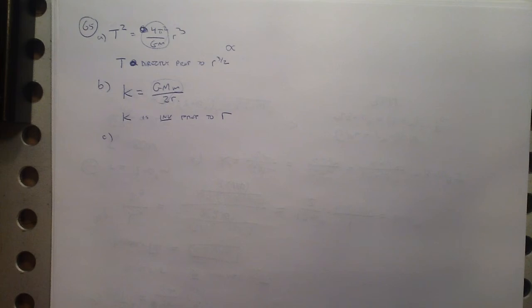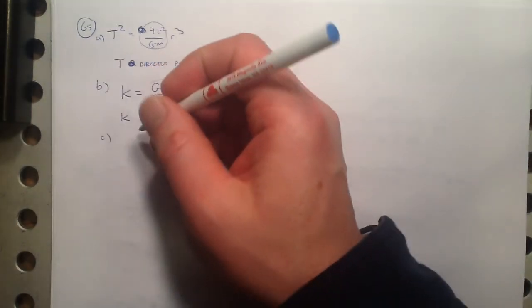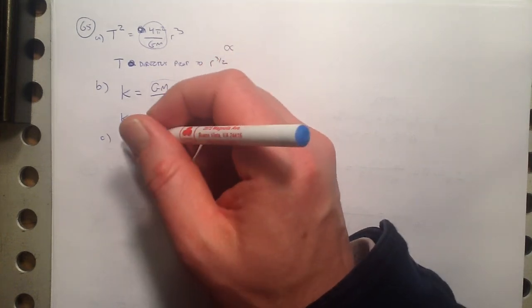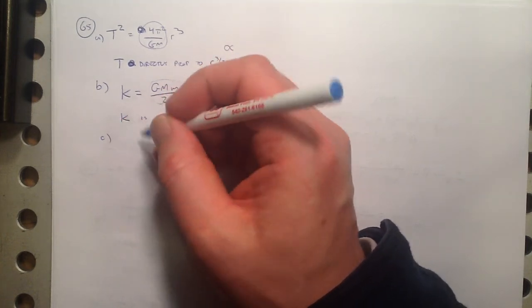what about angular momentum? How do you find the angular momentum in a situation like this? Well, you can do it in either of two ways, big L or small l. I think it makes more sense to my mind to think about the satellite as a particle going around the Earth.